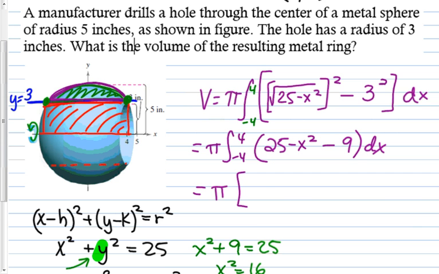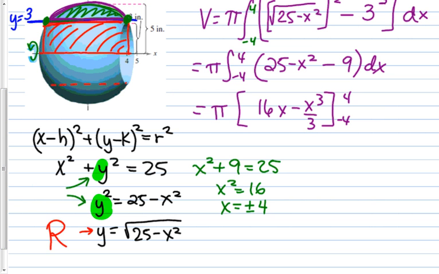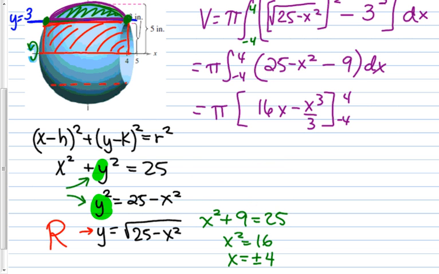And so we get 16x minus x cubed divided by 3. And then we're evaluating this from negative 4 to 4. And this is one that I would strongly feel they will let you use a calculator on, because the fractions and the numbers aren't as friendly as the previous 2 examples.